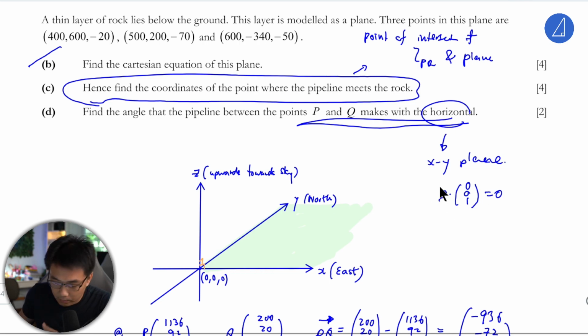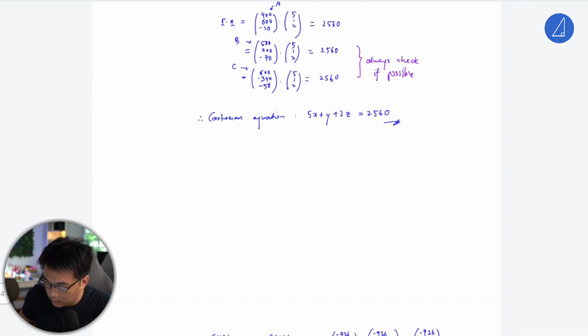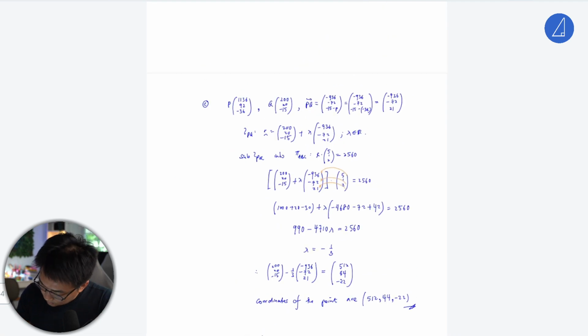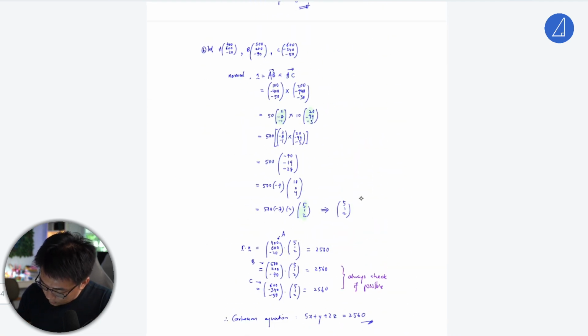So the angle between P and Q and the horizontal is not very difficult to understand. If you have a horizontal here, and you have PQ as such, so this is the P and Q direction. The P and Q direction that we found just now was parallel to what direction? Was it 5, 12?